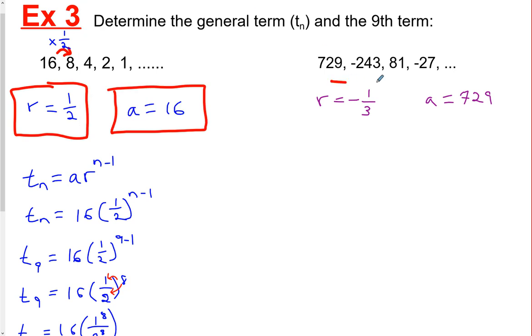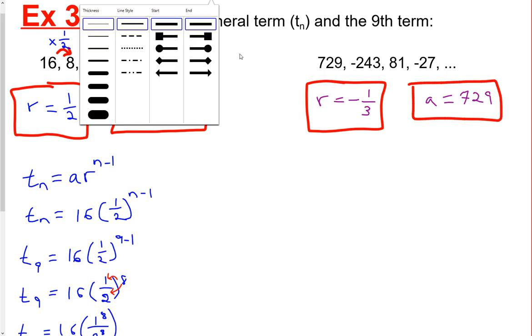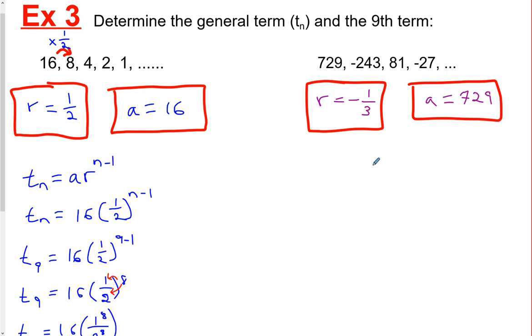Now if you say, hey Mr. Roy, I can't just come up with that on my own, I need a method for doing that, then I say totally, that's a great suggestion. The method we would use is exactly like we did before. We'd say our fourth term divided by our third term is negative 27 over 81.